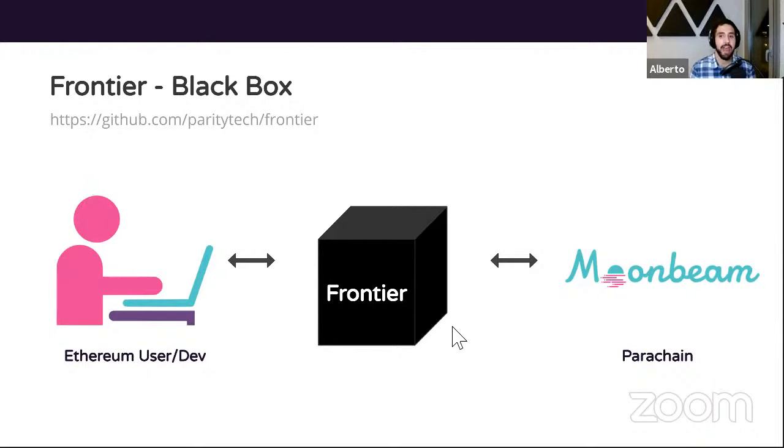And Frontier acts as a middleware. You don't have to know what's inside Frontier, but it translates these native Ethereum calls into something that the parachain, in this case Moonbeam, understands, right? And that's the beauty of it: from the end user's point of view, it'll just feel like Ethereum.